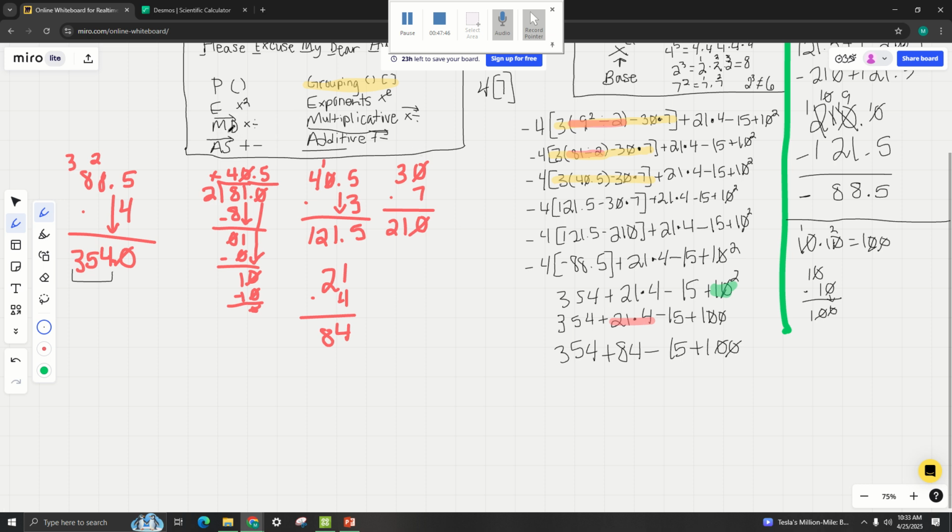Did I do all multiplication, division in order from left to right? Yep, I don't see any more of those operators. Now I do anything additive, addition or subtraction in order from left to right. So let's look. Okay, here's my first thing. I have 354 plus 84. So let's do that. I have 354 plus 84.